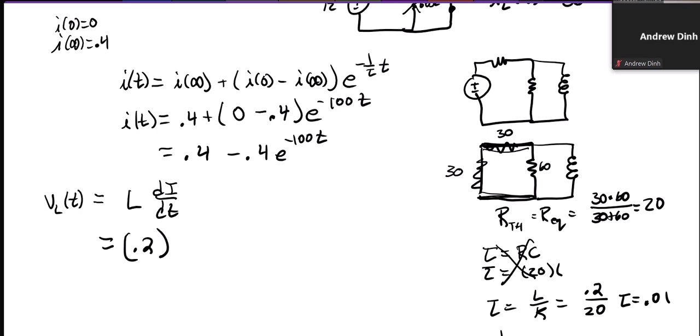And then I take the derivative of I. So derivative of 0.4 is 0. Derivative of negative 0.4 e to the negative 100 t is 40 e to the negative 100 t. So this is 0.8 e to the negative 100 t.